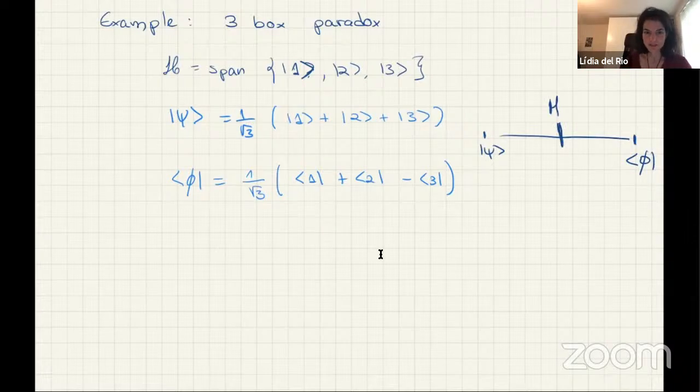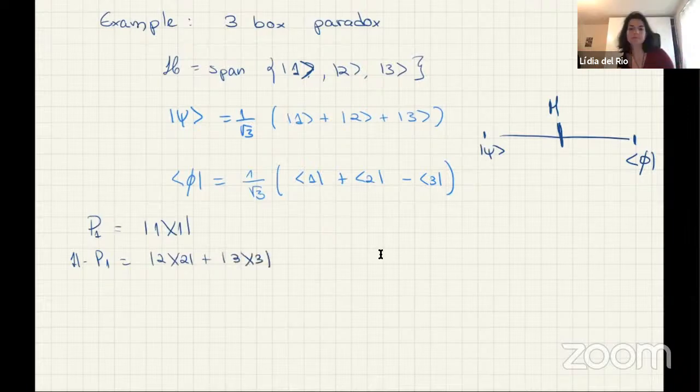with some projectors P. Okay, and this measurement is going to be just, is it in state 1 or not? So let's say P1 is just |1><1|, and of course the identity minus P1 is just |2><2| plus |3><3|.